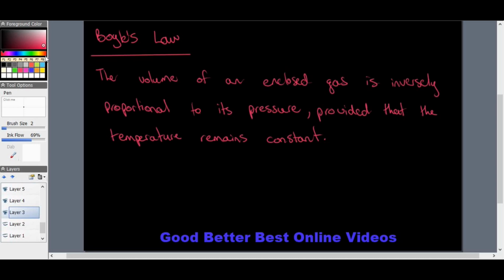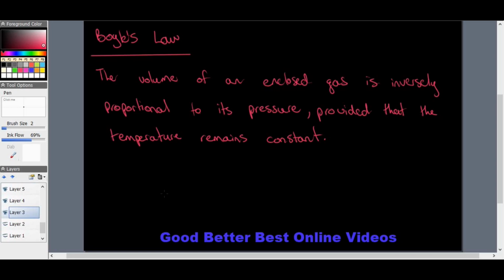Boyle's law states the volume of an enclosed gas is inversely proportional to its pressure, provided that the temperature remains constant. Like I said in my introduction, Boyle's law has nothing to do with temperature as a variable, but it does require temperature to be kept constant, because if that is not kept constant, we cannot accurately measure the relationship between volume and pressure.